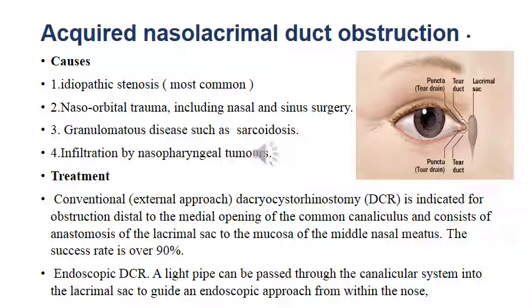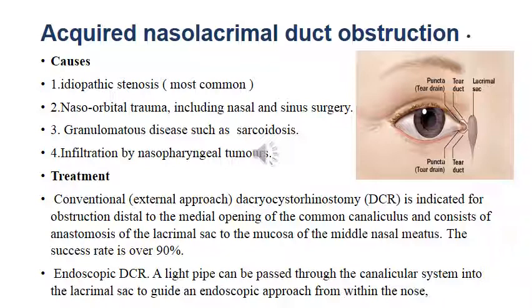Conventional means we create an opening through the skin near the nose, and we create an anastomosis between the lacrimal sac and the middle meatus of the nose. Success rate in conventional surgery is over 90%. But in the endoscopic type, the success rate is lower, and we use a light pipe passed through the canalicular system and an endoscope through the nose to do the same procedure without creating a skin incision.